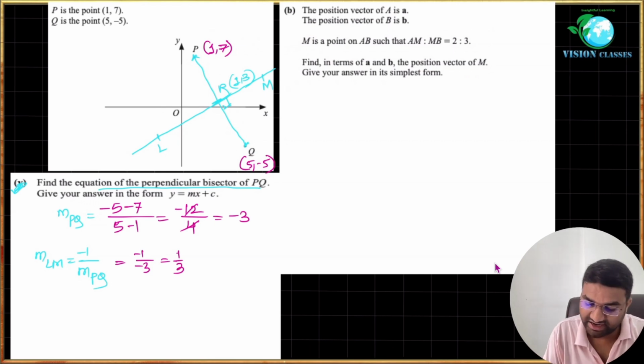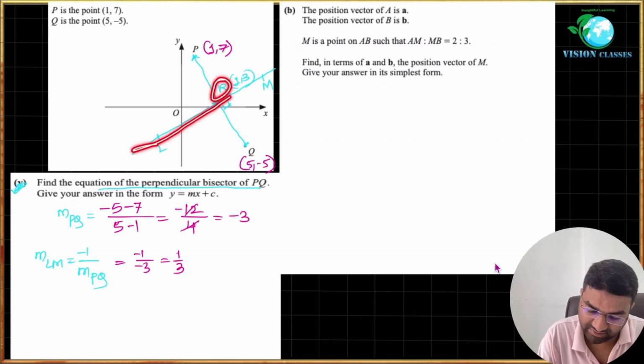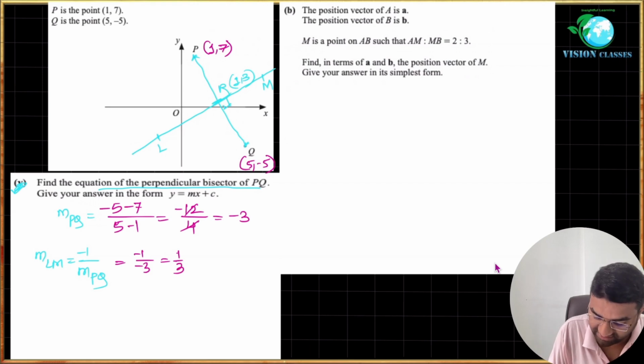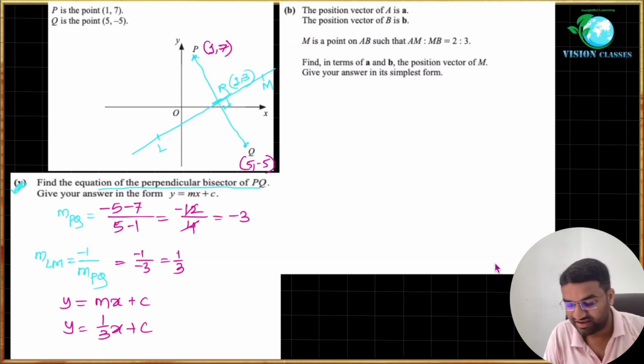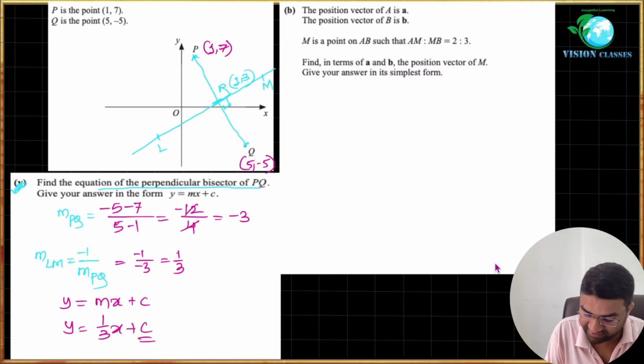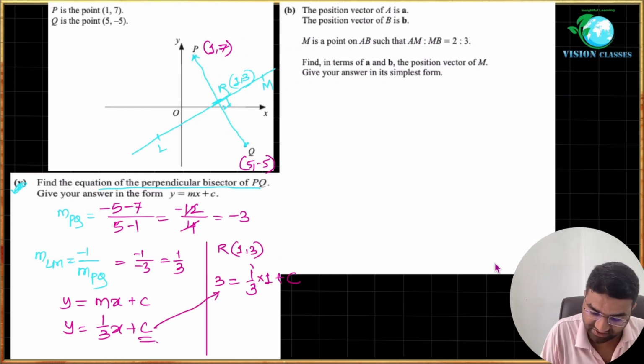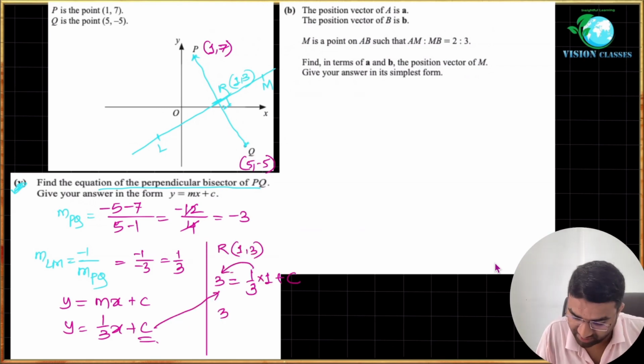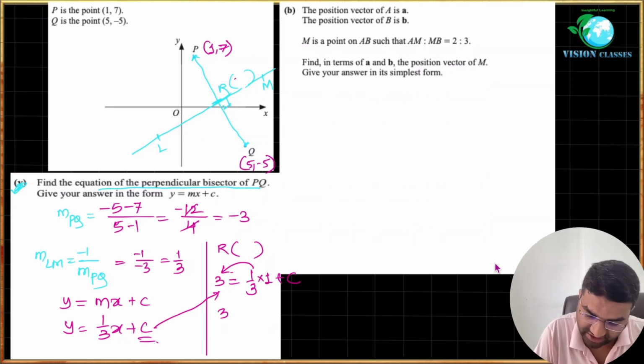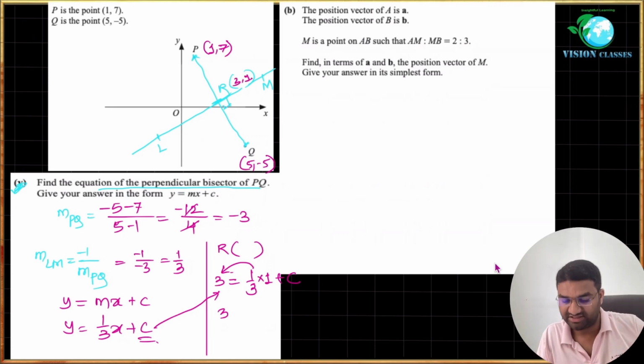Now the line LM passes through R. So firstly we can substitute in the equation y is equal to mx plus c. So y is equal to 1 upon 3 x plus c, and we can calculate the value of c by substituting R. R point is basically 3, comma 1, not 1, comma 3. 3, comma 1.